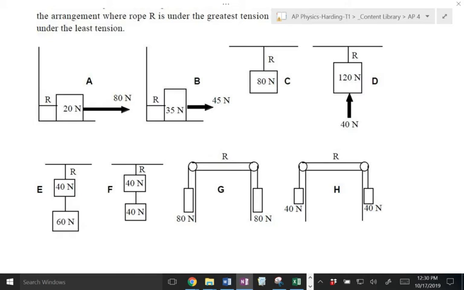So it's that rope R that we're asking about in G. I don't know if you can see the demo because it's forever away from you. That's the problem.